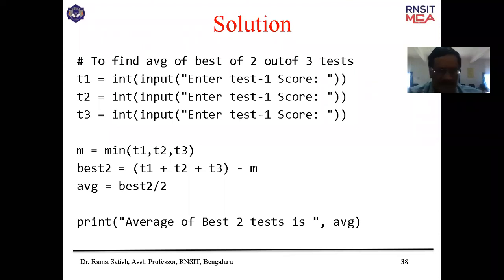Here I have put it in a separate variable m. You can straight away do t1 plus t2 plus t3 minus min of t1, t2, t3, whole divided by 2. Certainly you can do it in one statement and print it out. It becomes much smaller. These three statements you can bring down still smaller, but if you reduce the number of function calls, your algorithm will perform better and better.